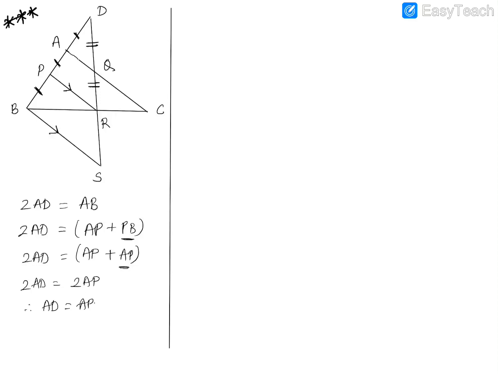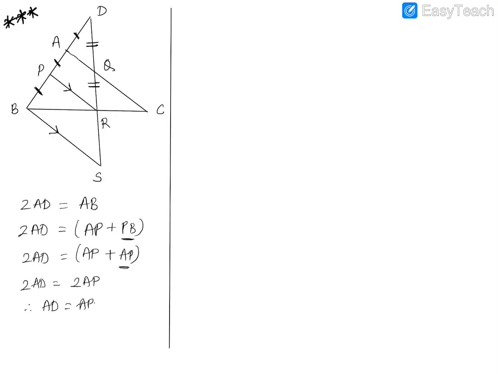Okay, so now these are all the data we have. First, what do you have to prove now? You have to prove AQ is parallel to BS. I'll write over here what you have to prove.